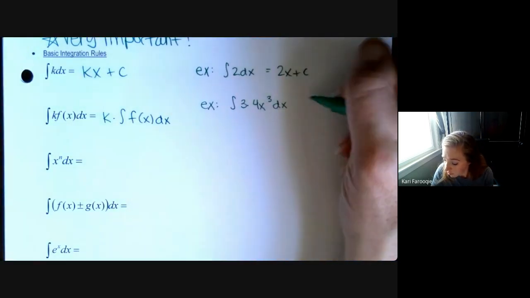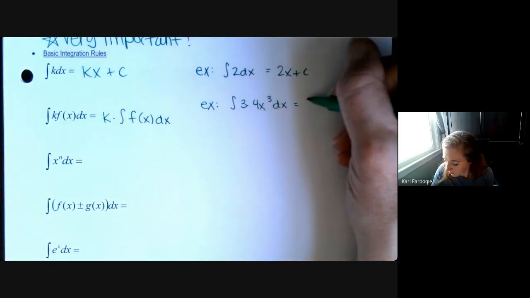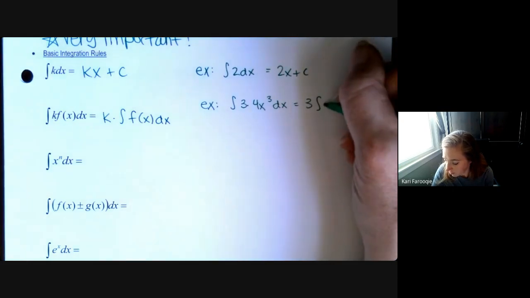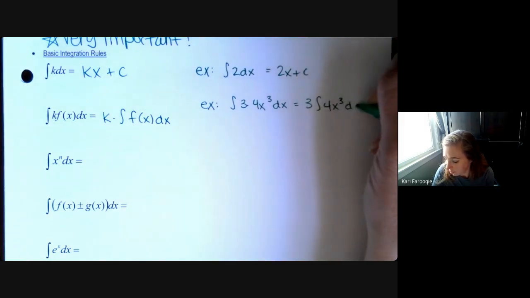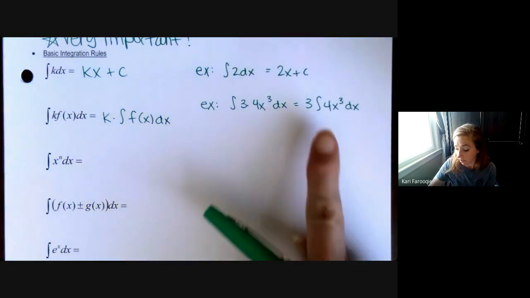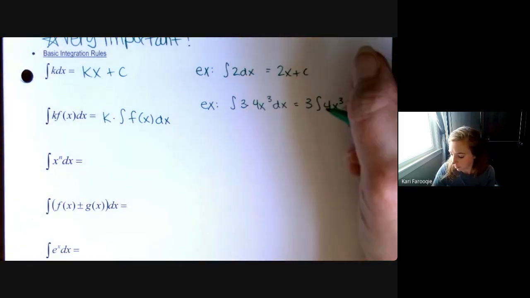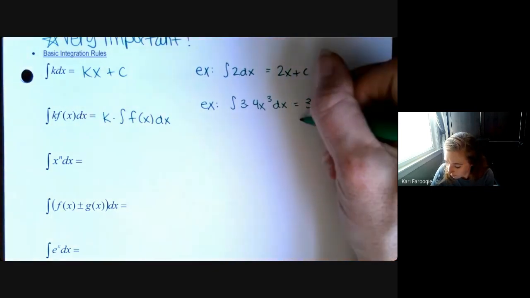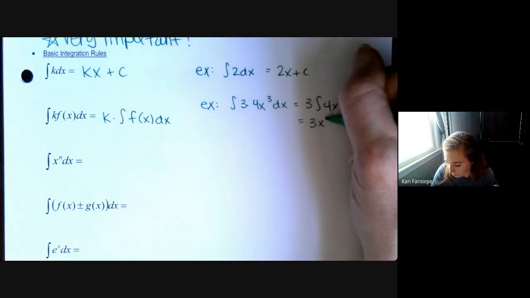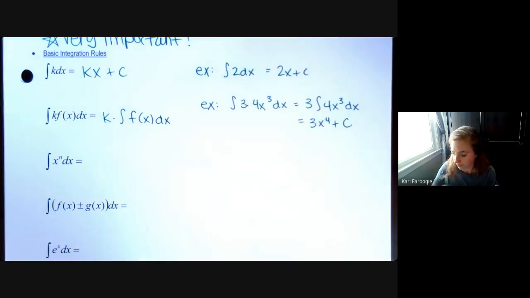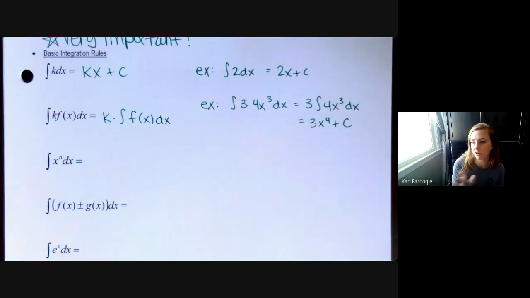You can pull this 3 out and say this is 3 times the integral of 4x cubed dx. And we already talked about this on the previous page, so we already know that is x to the 4th plus c. Okay, so just take that constant multiple out.